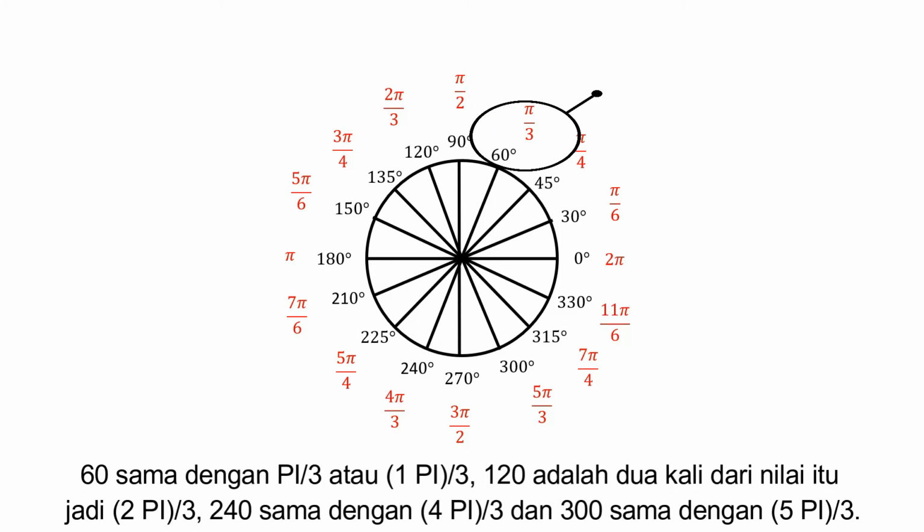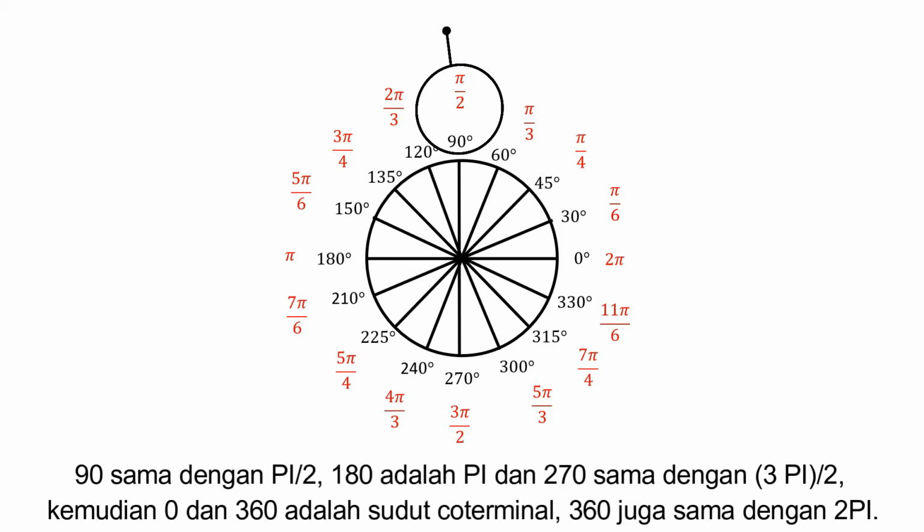And now 60 is pi over 3, or 1 pi over 3. 120 is double that amount, so that's 2 pi over 3. 240 is 4 pi over 3. And 300 is 5 pi over 3.